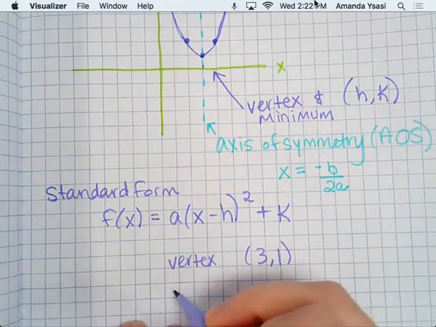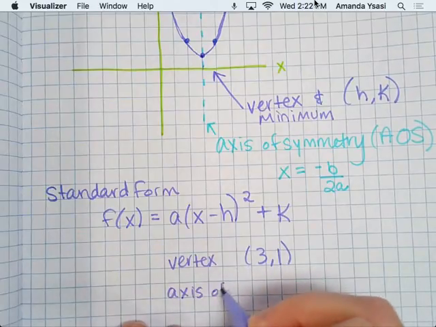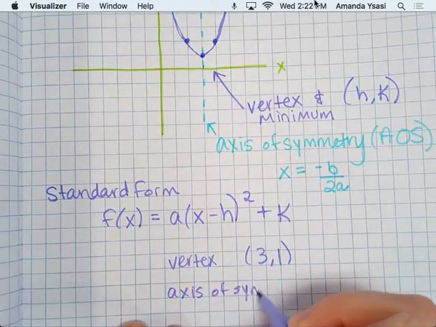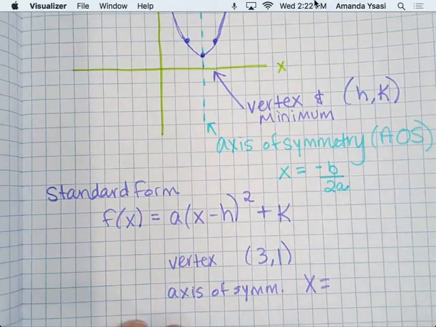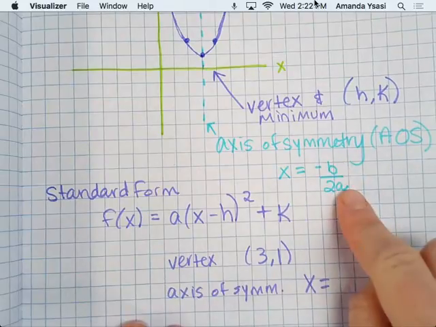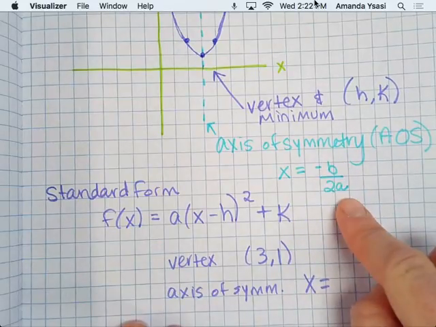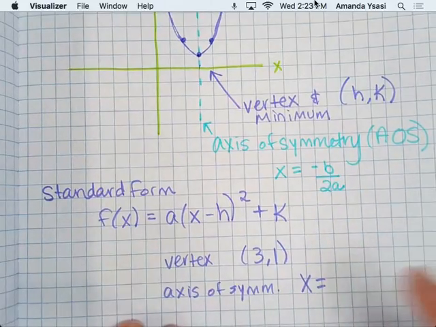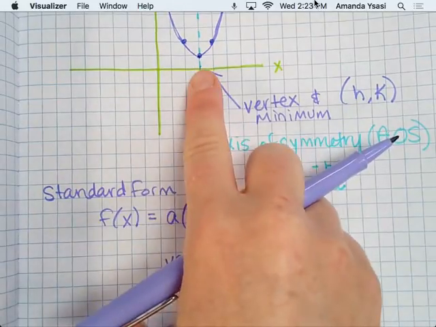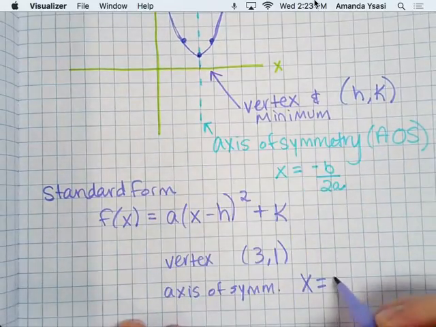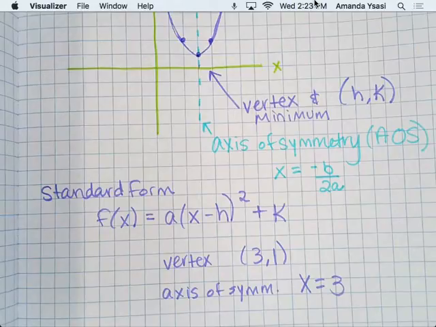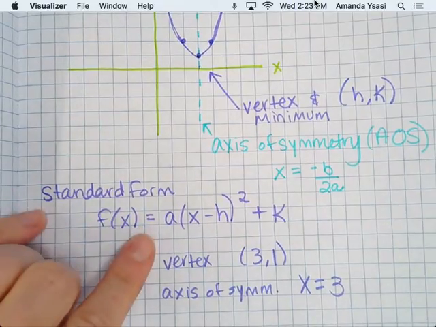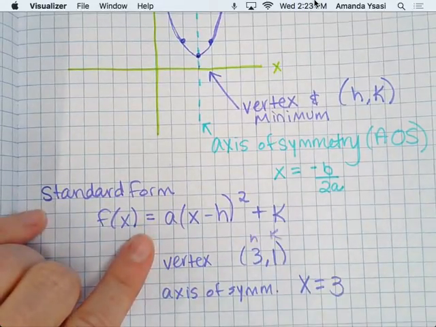And then our axis of symmetry would be x equals, so it's negative b over 2a. Well, we don't know what b and a are because we don't have the general form. But we do know that it's at x equals 3, as the vertical line where x equals 3. So this is h, this is k.